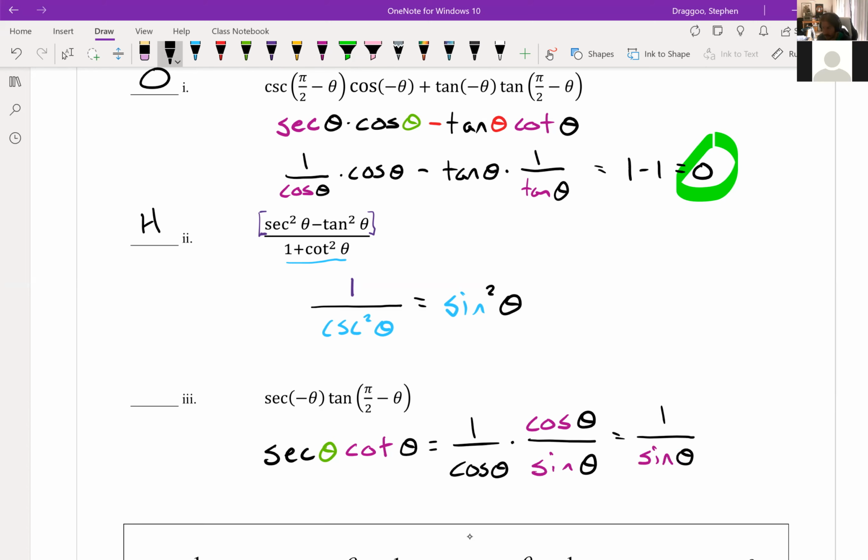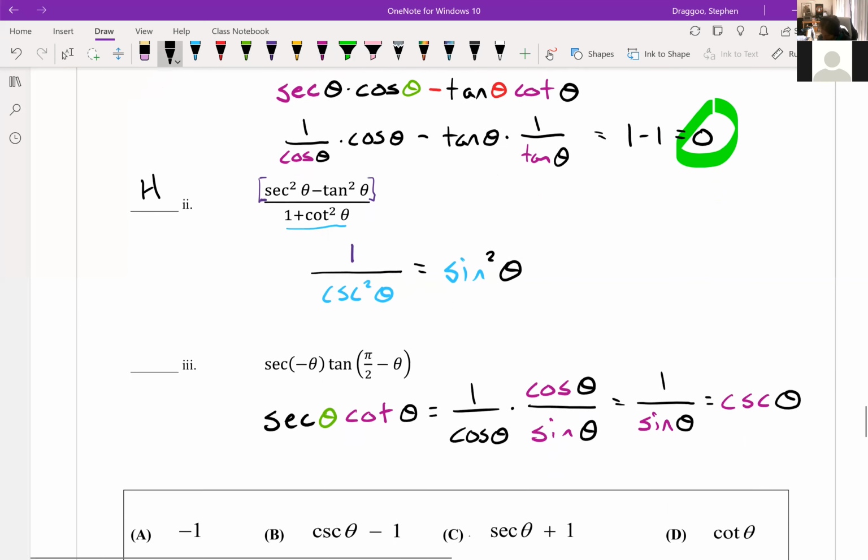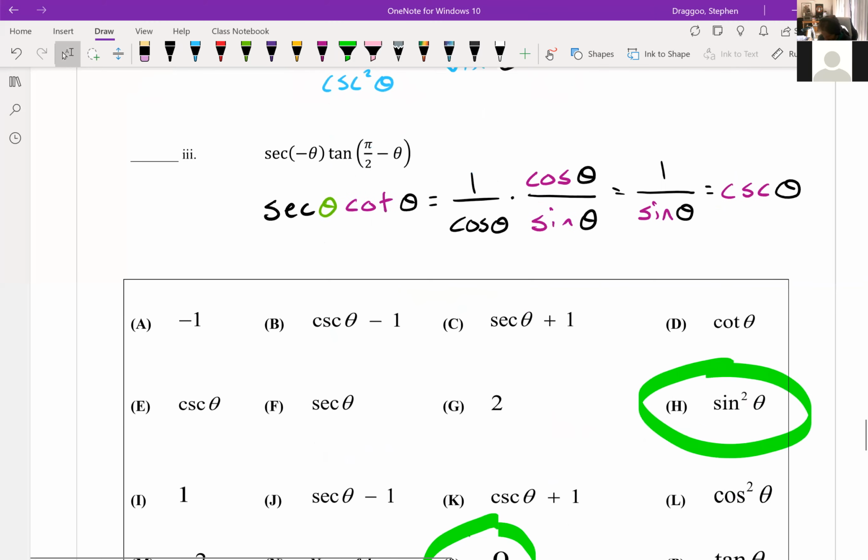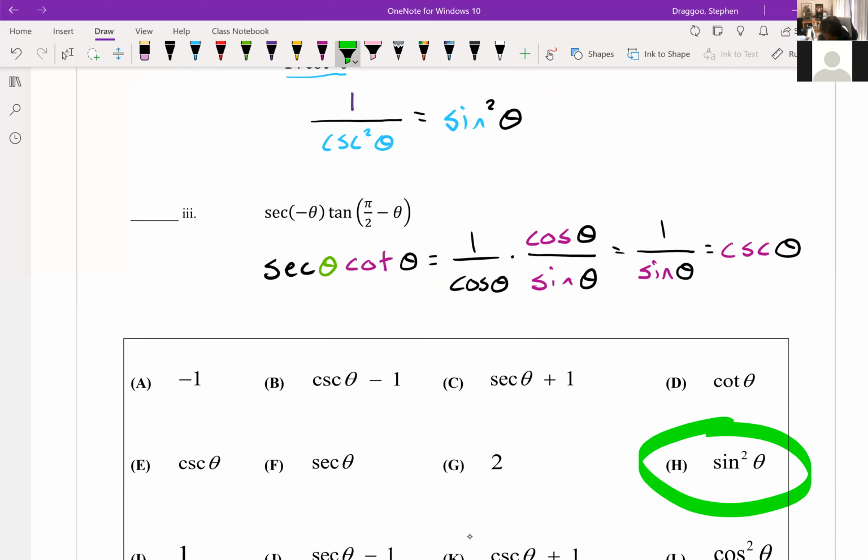Meaning we're just left with 1 over sine theta or cosecant theta. Hopefully that's also an option in here somewhere. It is option E.